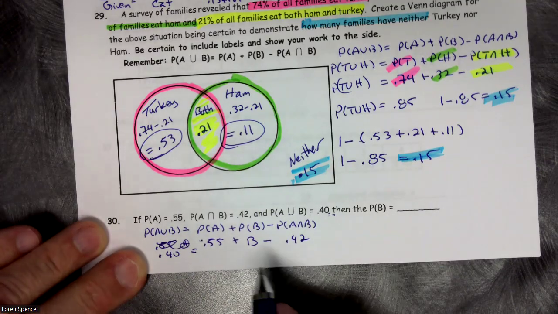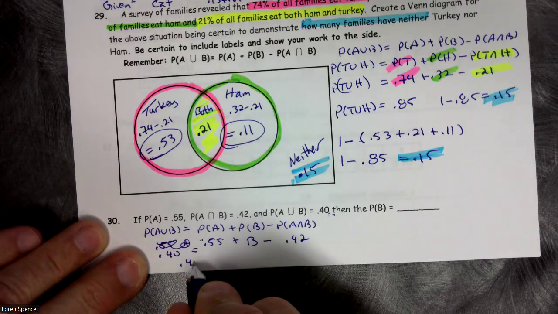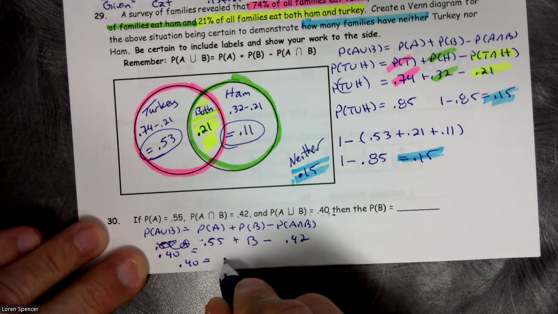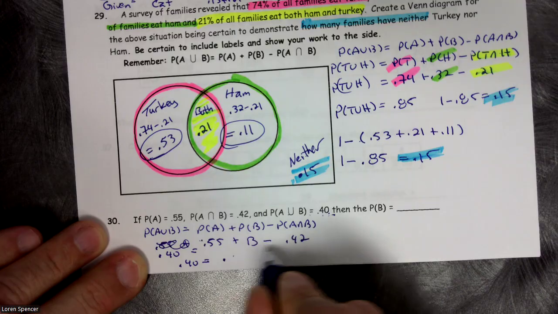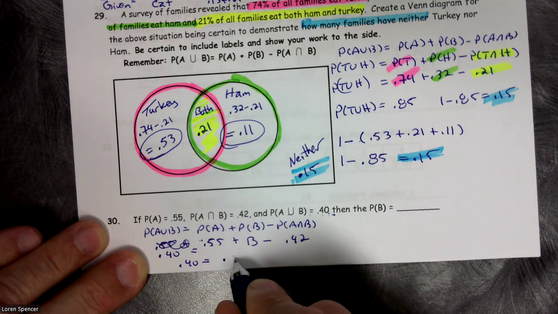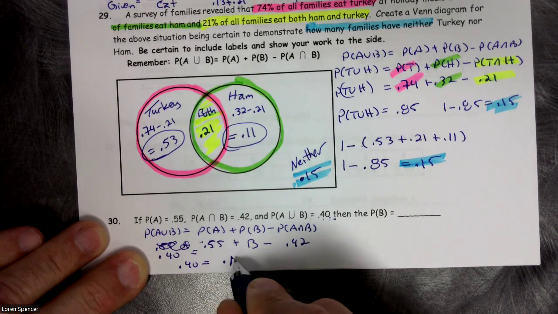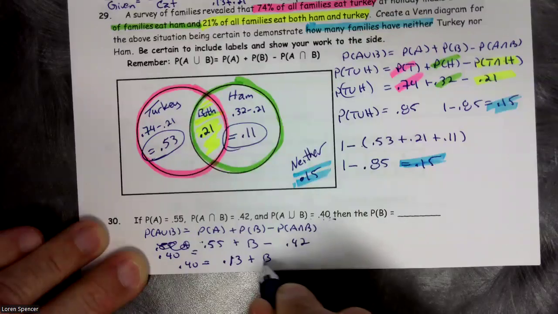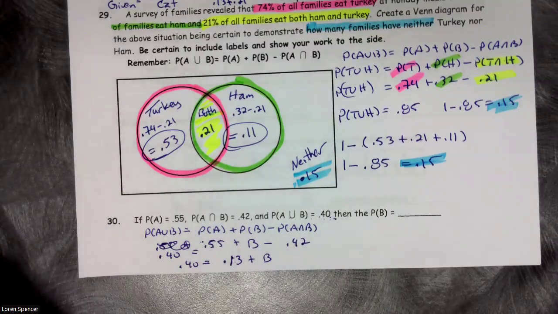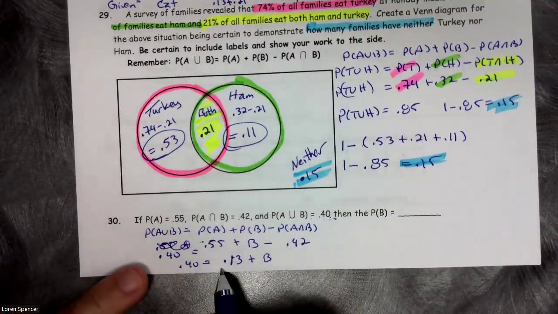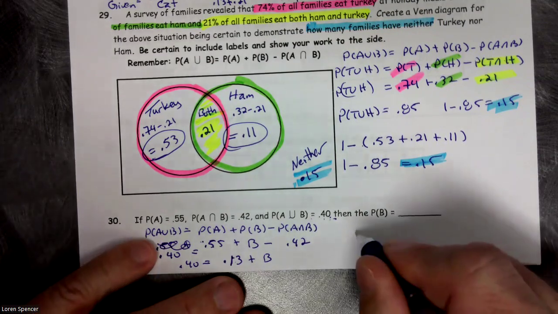So I can add up these two, and now I have 0.40 equals 0.13 plus B. I subtract 0.13 from both sides. So I'm going to write this over here.